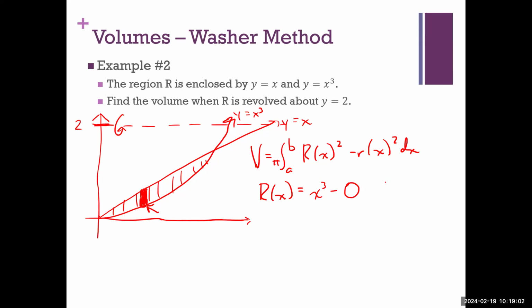Essentially, that'd be like calling it x cubed minus 0, right? Because if we were rotating around the x-axis, that would be y equals 0. So just for consistency, I'm going to adopt putting whatever the variable function is first. But I think to compare it to the line y equals 2, this is a good outer radius. Questions on how we define that?